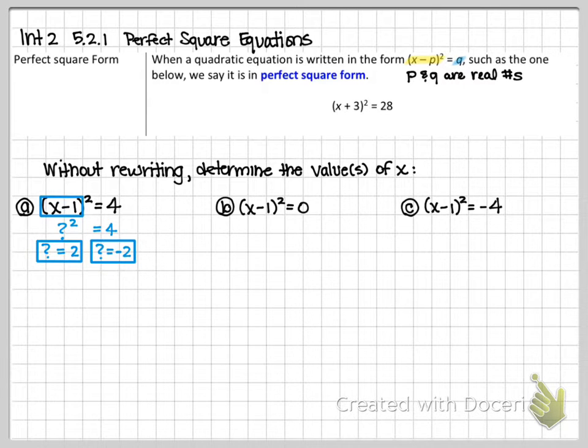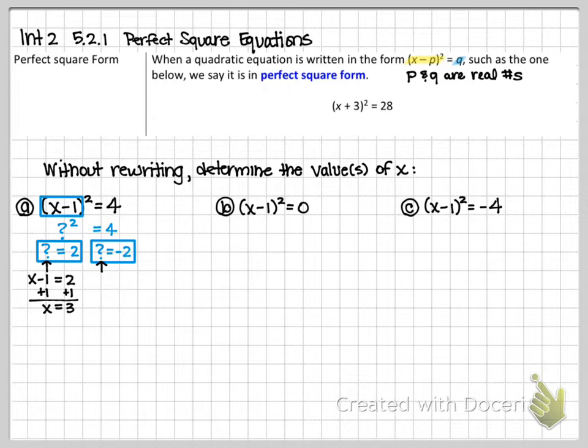So now we can actually start manipulating this. Well, the question mark, go back up to the question. I called it x minus 1. So I replaced everything inside the parentheses. So maybe the stuff inside is actually equivalent to 2. Well, if it is, we go ahead and solve, and we get x equals 3. So I think that's one of the answers that would actually make this true.